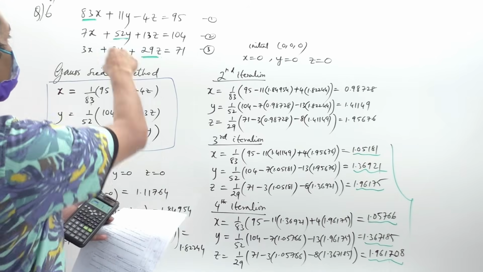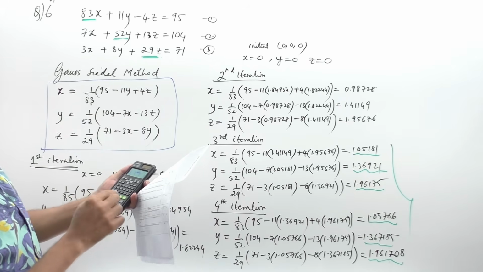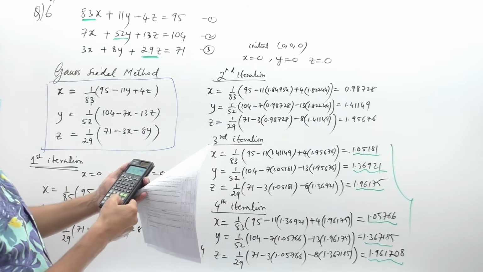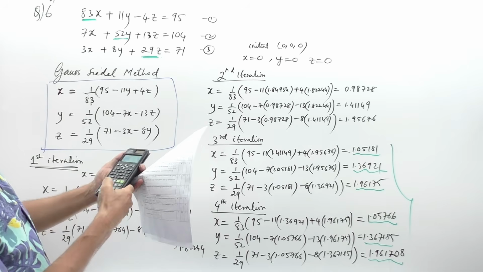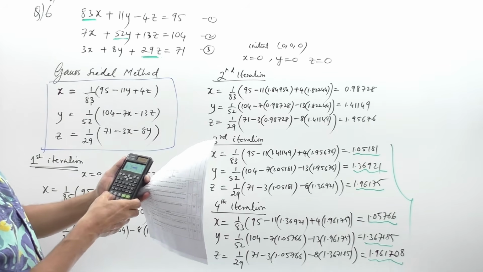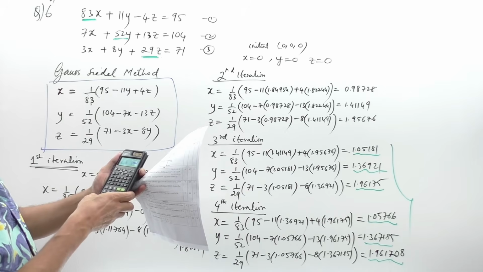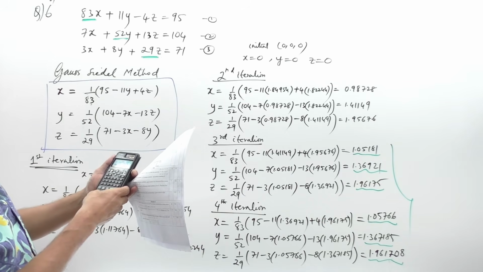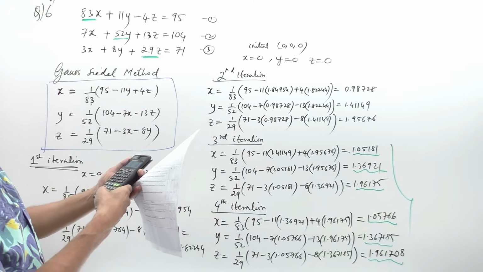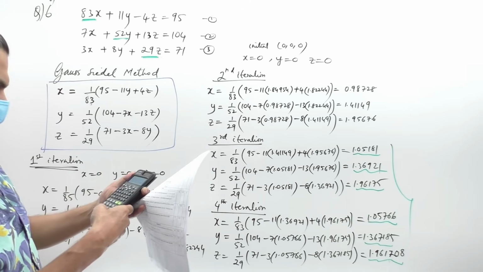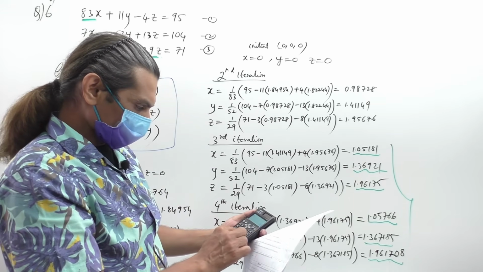Let's put all the values here: 8, 11, minus 83, 11, minus 4, 95, 7, 52, 13, 104, 3, 8, 29, 71. We are getting the value of x as 347 by ST.